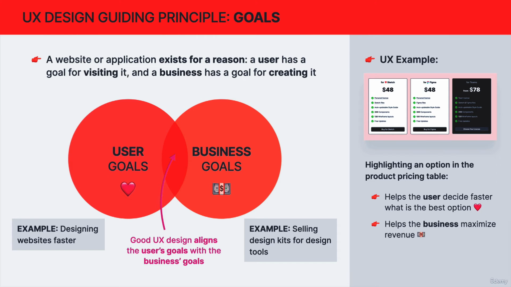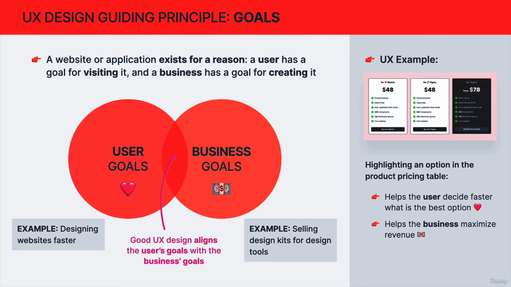And so in this case, the goals are very clearly not aligned. Now, this doesn't mean that you can never use pop-ups, but you have to be aware that it's actually not good UX design. And like this, there are, of course, countless other examples of bad UX design, such as hiding a button to cancel a subscription on some page that is almost impossible to find.